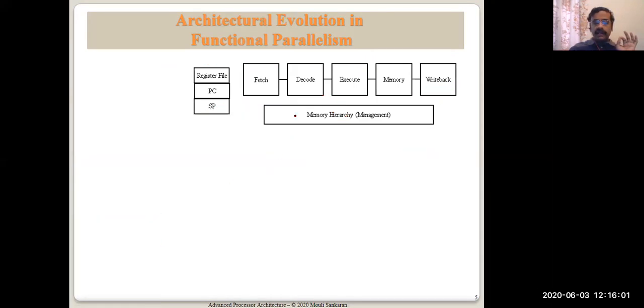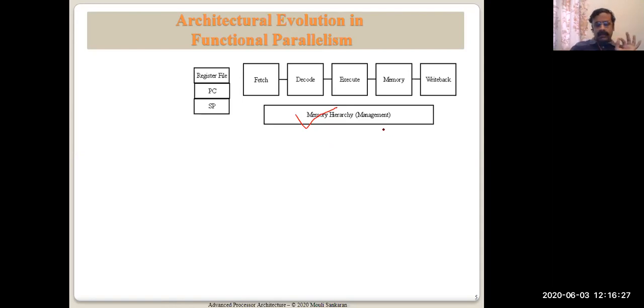And this can be implemented in any way. It could be a single unified level 1 cache, or separate level 1 data cache and instruction cache followed by a unified L2 cache, or separate instruction cache and data cache at the L2 level also, then a unified L3 cache. It can be anything.